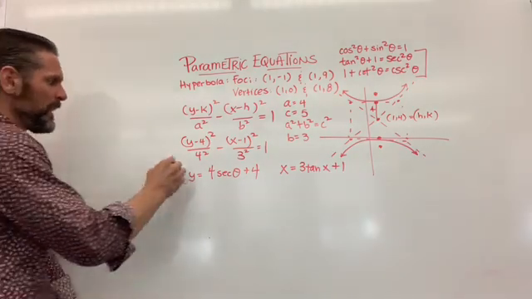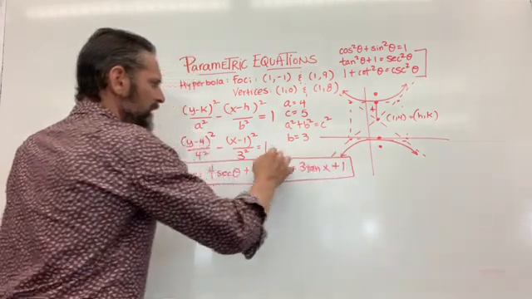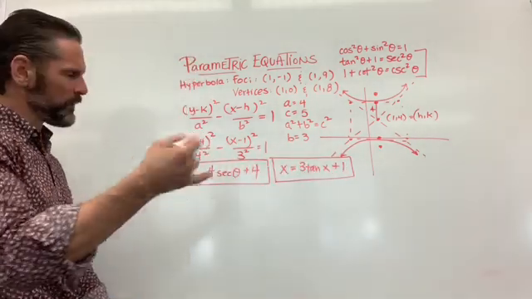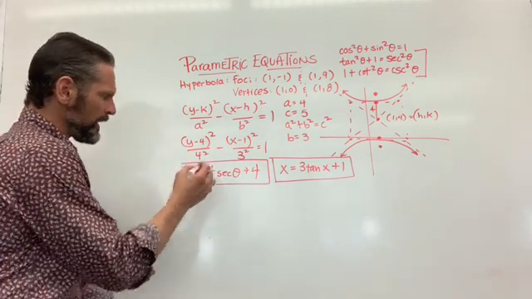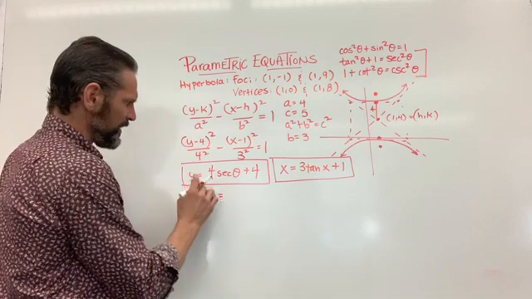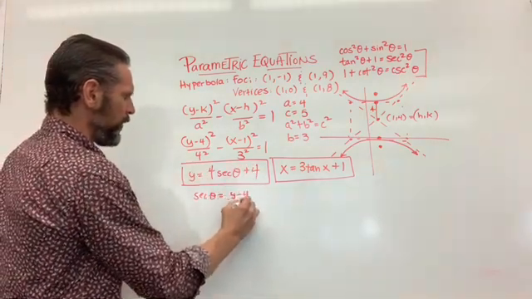Let's see. If, in fact, these are correct, then I should get this if I work that problem in the forward direction. Well, I know that this would imply that secant of theta is (y - 4) over 4, subtracting the 4 and dividing by 4.